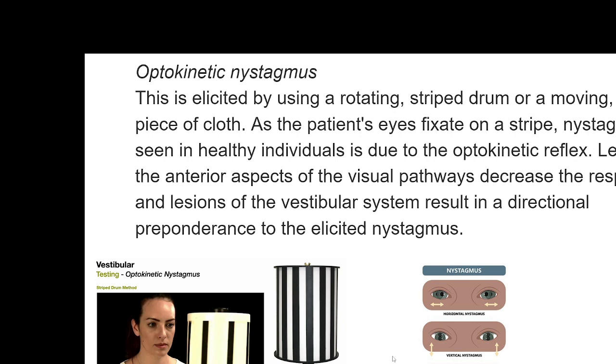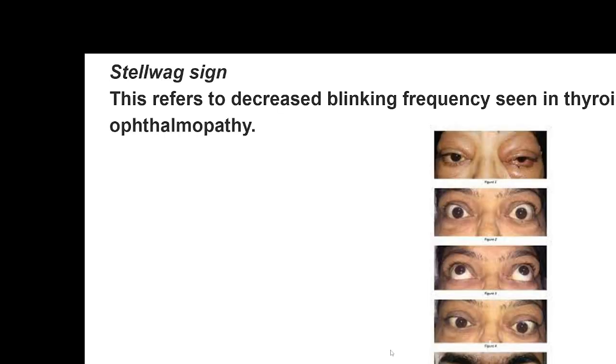So opsoclonus and nystagmus are slightly different. In opsoclonus, there will be rapid movement in all directions. In nystagmus, there could be a specific directional orientation, either side to side, upward and downwards, or circular movements. That's called nystagmus, and optokinetic nystagmus as such could be seen.